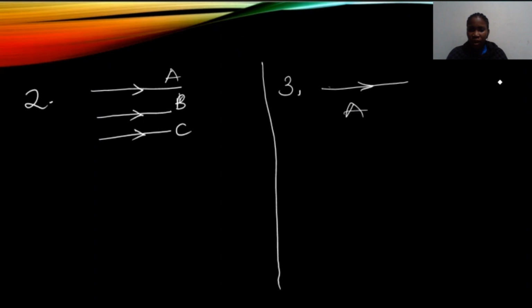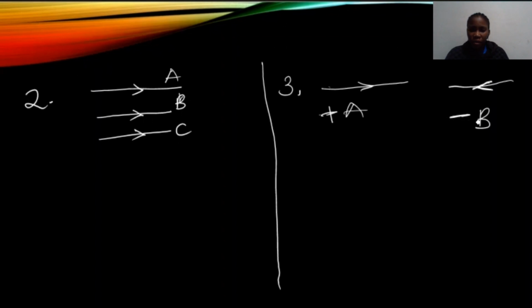Let's say this is vector A, this is vector B. One will be assigned a positive value, a positive A, and B will be assigned a negative value.